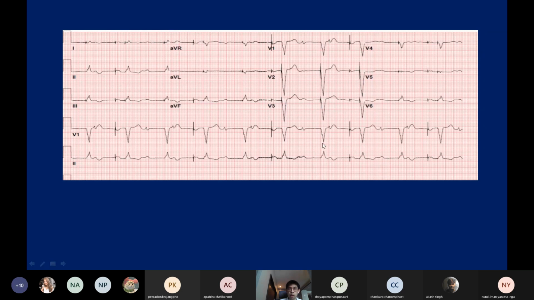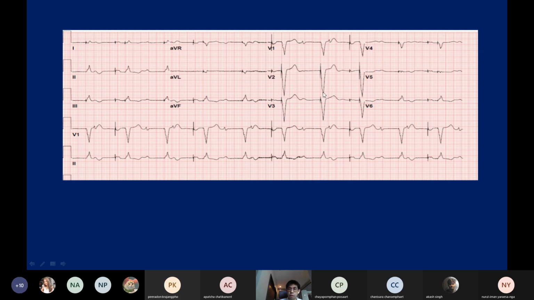And if you see this one, the beat before it has an atrial pacing spike, but the next beat doesn't have an atrial spike. This means that the atrial lead could sense the intrinsic P wave. So you know that there is sensing in the atrium.